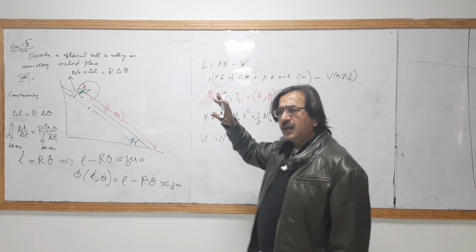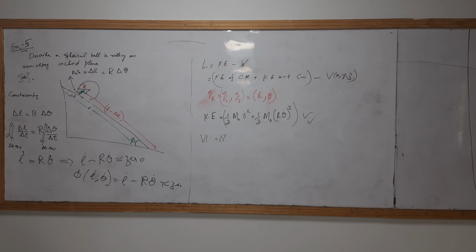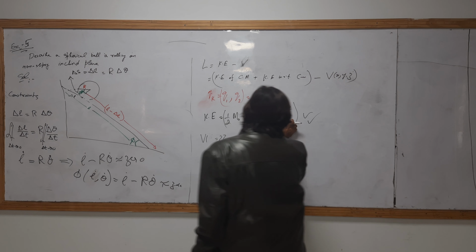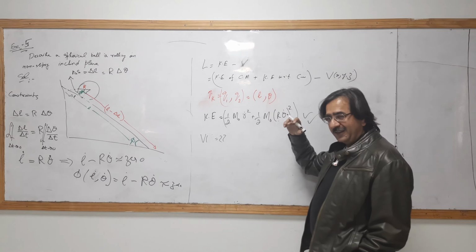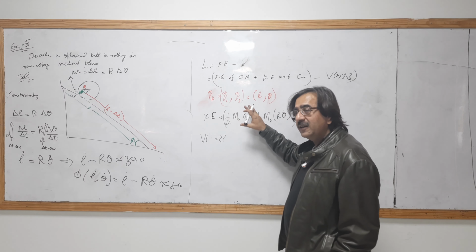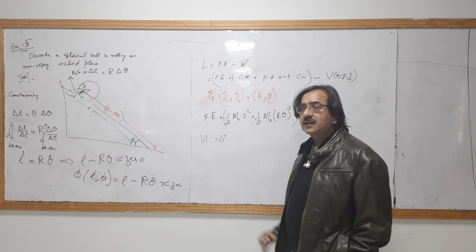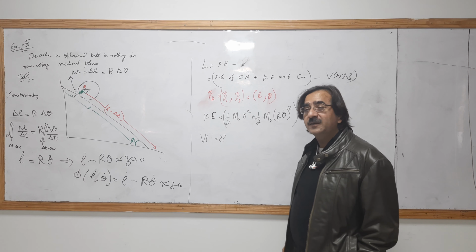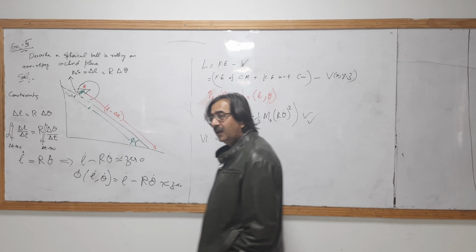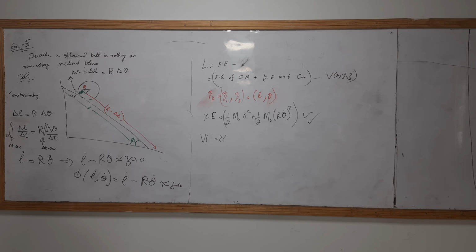I proved this in the lecture on a mass moving in a plane: the kinetic energy will be two parts in two dimensions, r dot square and r theta dot square, in polar coordinate form. This lecture is available. If you are interested, I will share it on your group.